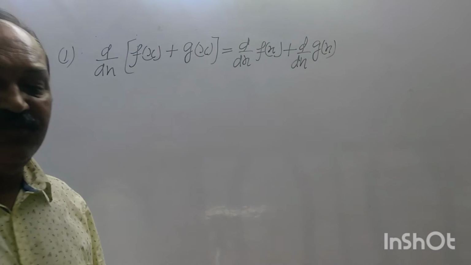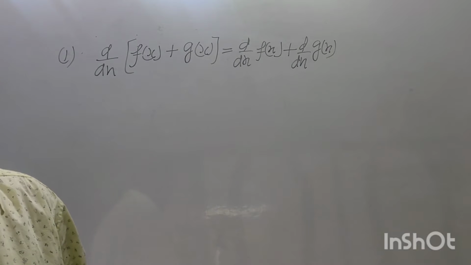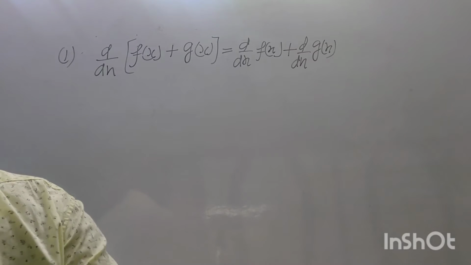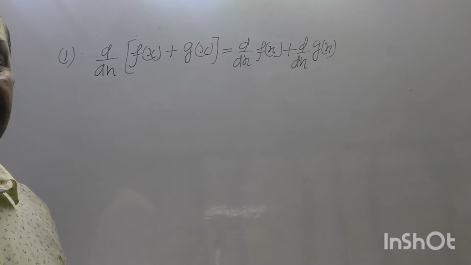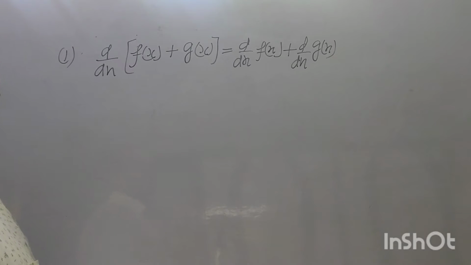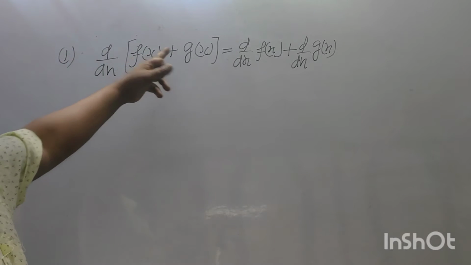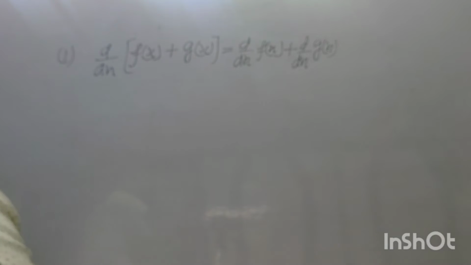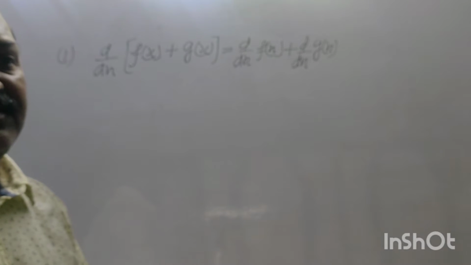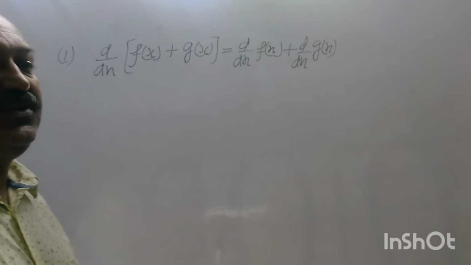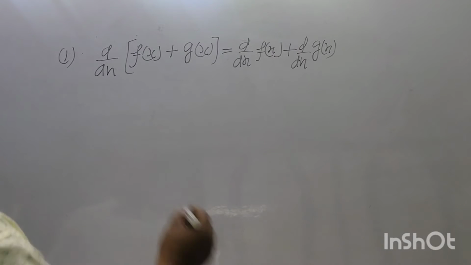This is the first formula of the algebra of a derivative. Derivative of fx plus gx is equal to d upon dx of fx plus d upon dx of gx. It is also called derivative of fx plus gx with respect to x. This is very important point to be noted. With respect to लिखना बहुत जरूरी होता है.